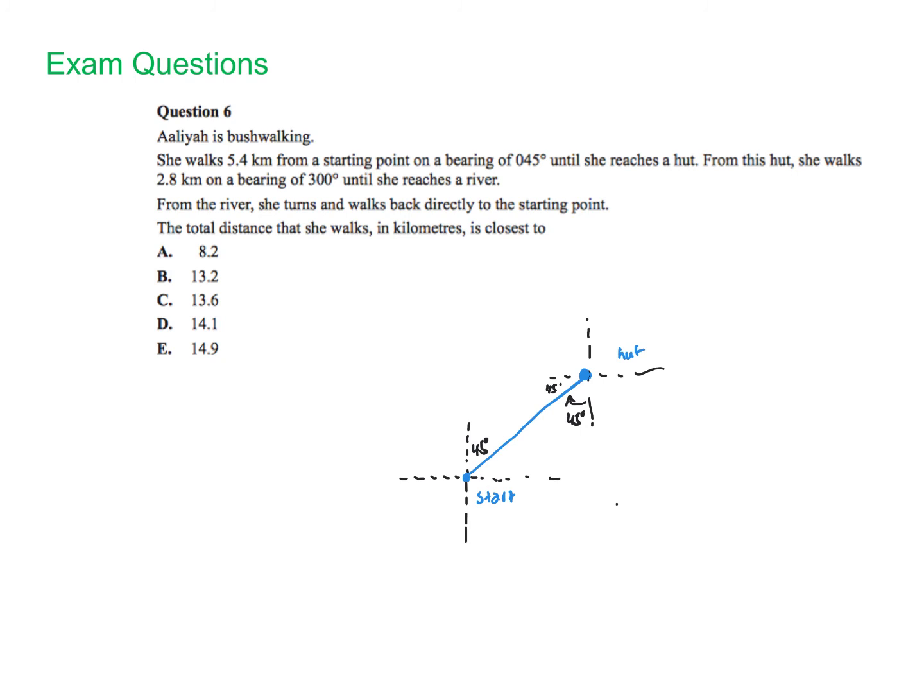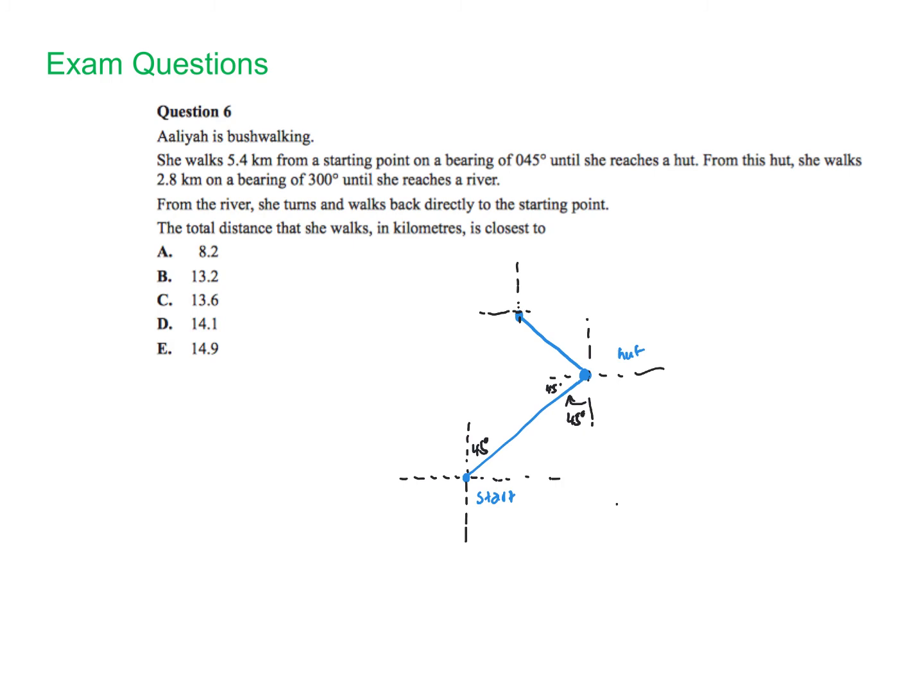Then from the hut, she walks 2.8 kilometers on a bearing of 300. So 300 would be out here for 2.8 until she gets to a river, so we'll pop it in. So you knew that all the way around to there was 300.